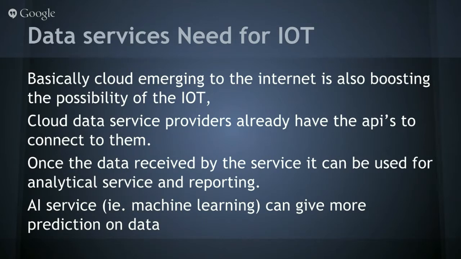This kind of prediction will help your lifestyle too. So the data service is the main portion of IoT, because the industry is already building the cloud services, and that is the point here.